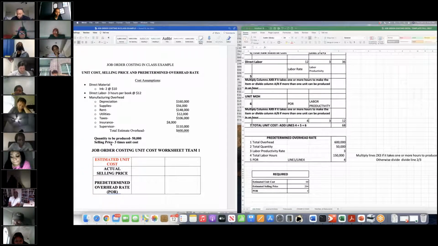For the selling price multiple, you multiply because you got to make a profit. So is that clear to everybody now? The selling price multiple is multiplied times the unit cost to get the selling price. The selling price has to exceed the cost. Is that clear to everybody now?